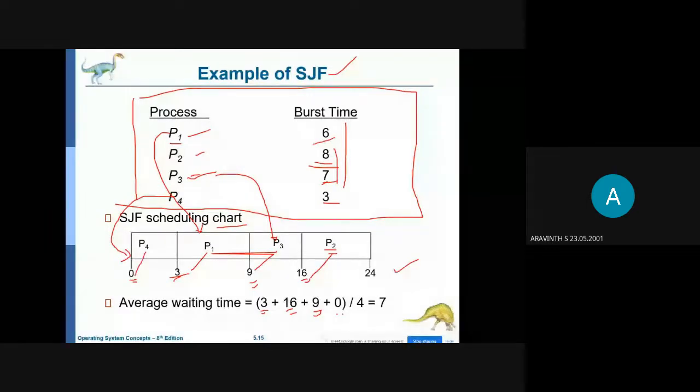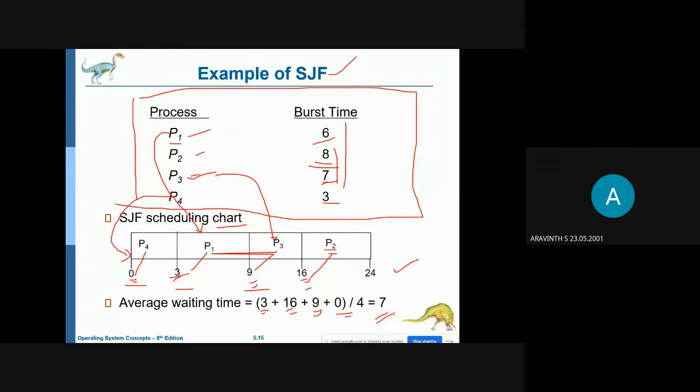So 3 plus 16 plus 9 plus 0 divided by 4 is equal to 7.